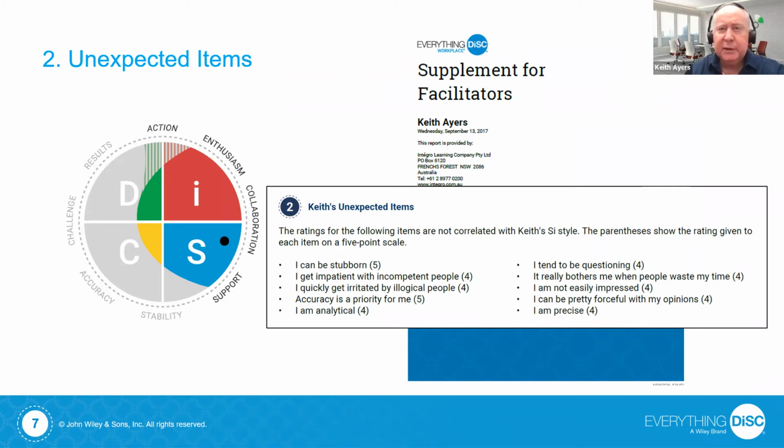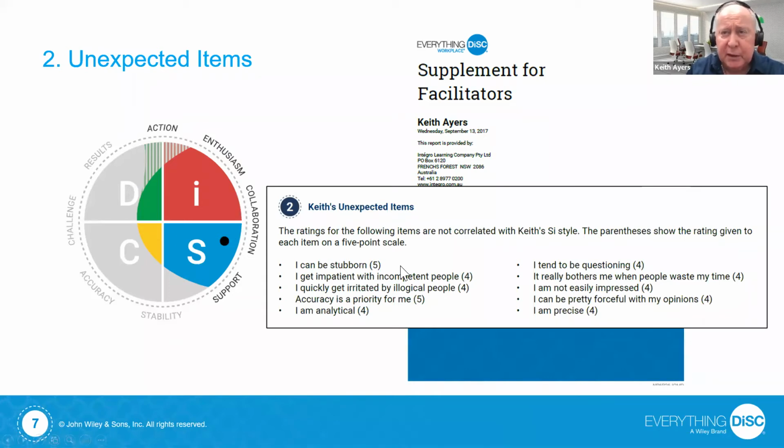Now, how the report identifies this, and I'm not sure if you can see my arrow, my mouse, when I move it around. I think you can. Yes. Okay, so my dot's here, which is closest to the SI scale. So the program looks across to the DiSC scale and says, did Keith agree with any items over here? Right. And then it'll pop them in this report.